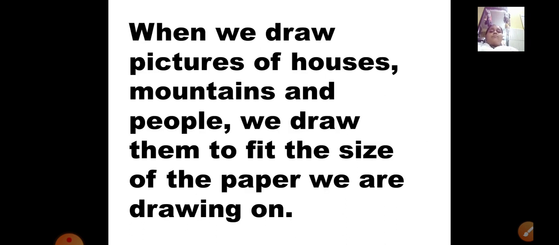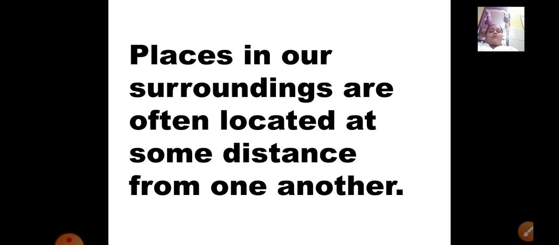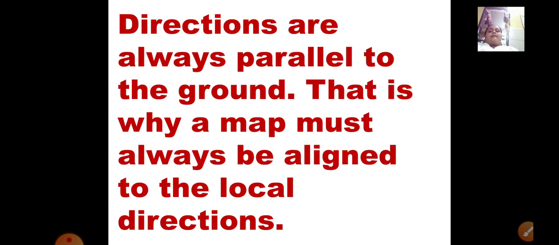And we also saw that directions are always parallel to the ground. That is why a map helps us to align and locate the places, because the directions are always parallel to the ground.